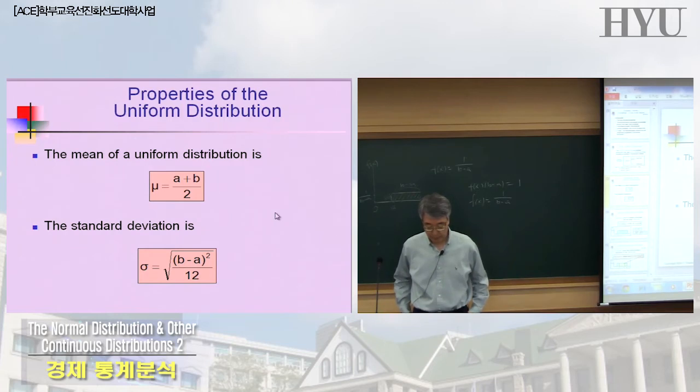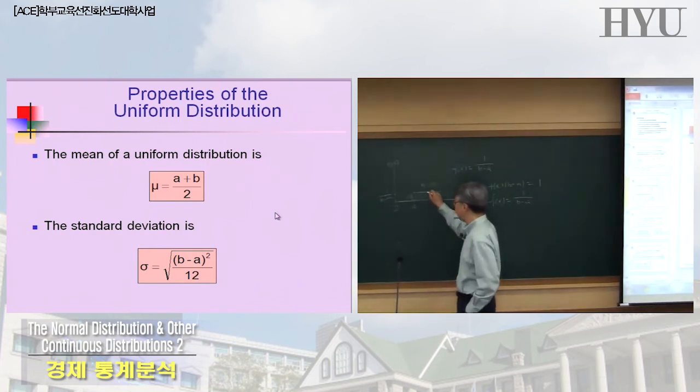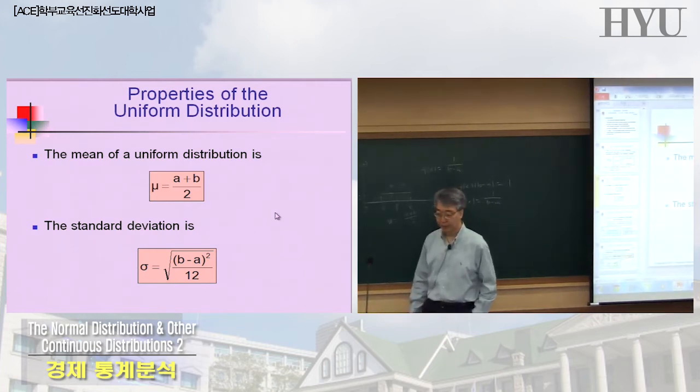Well, how about mean and variance, or mean and standard deviation, of this distribution? Obviously the mean is right here in the center. So it is A plus B divided by 2. That's the average between A and B. That's the mean value.